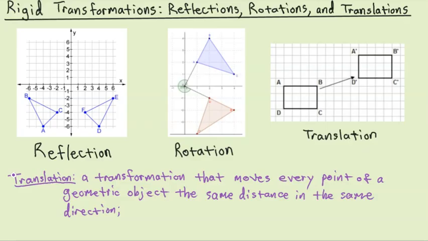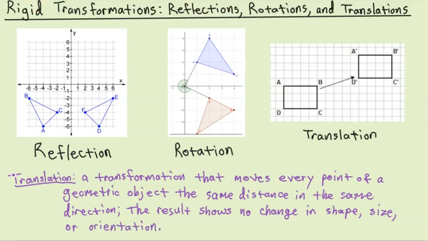The result shows no change in shape, size, or orientation. So when we do a translation, the object keeps the exact same appearance, it's in a new position on the graph. It still looks exactly the same as it did before, but it's just in a new place.